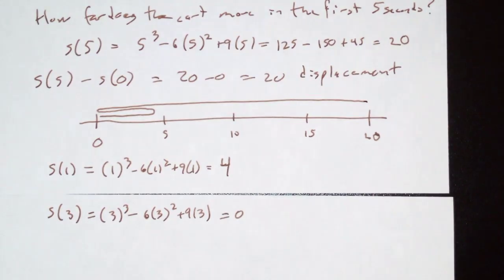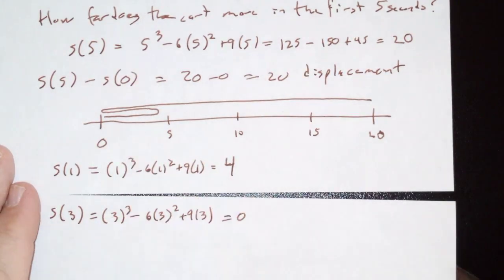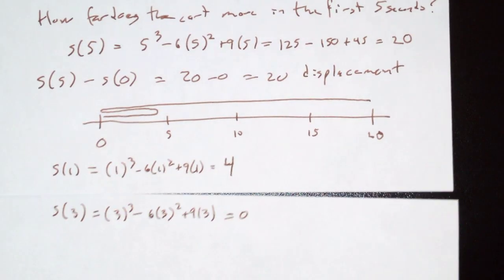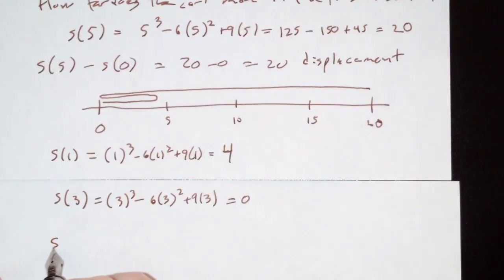And if I want to know the total distance covered, I actually have to count that left piece 3 times. I went back and forth here a bunch, didn't I? So really, it's not S of 5 minus S of 0.